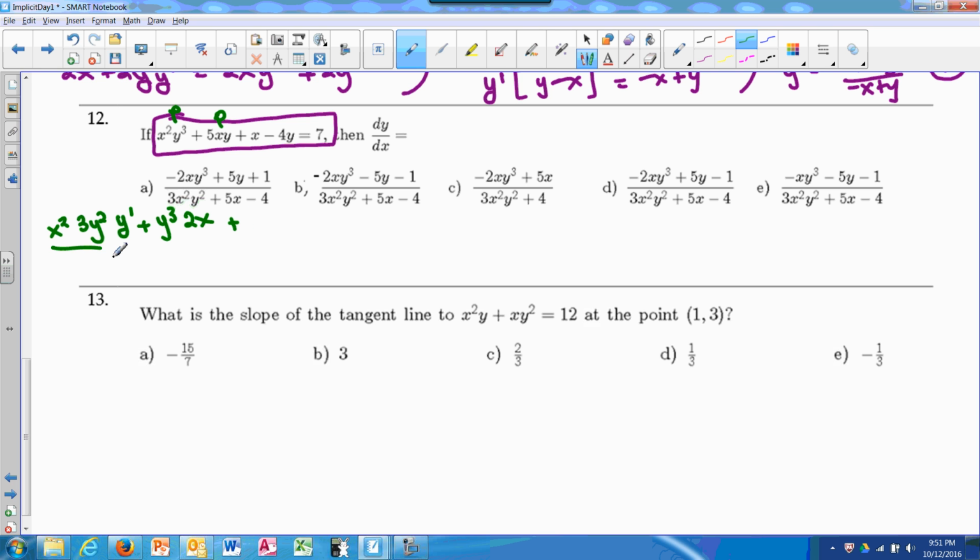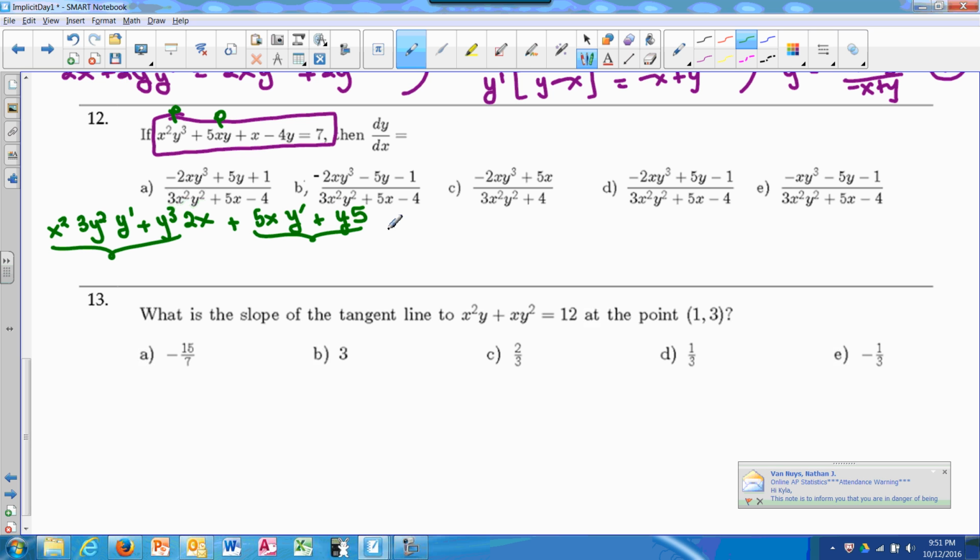So that was my first product. Then I have 5x times the derivative of the y, which is y prime, plus the y term times the derivative of 5x, which is 5. So I've done both of my products.